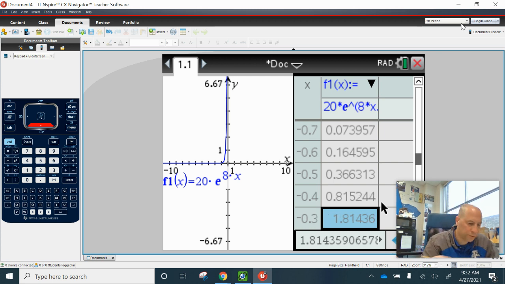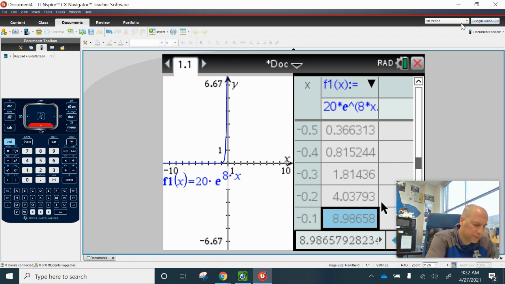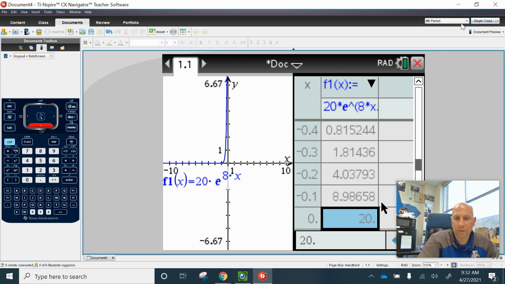Negative 0.3 is 1.8. Negative 0.2 is 4.03. Negative 0.1 is 8.9. 0 is 20.